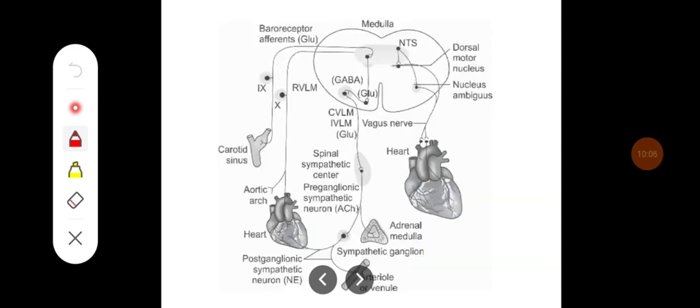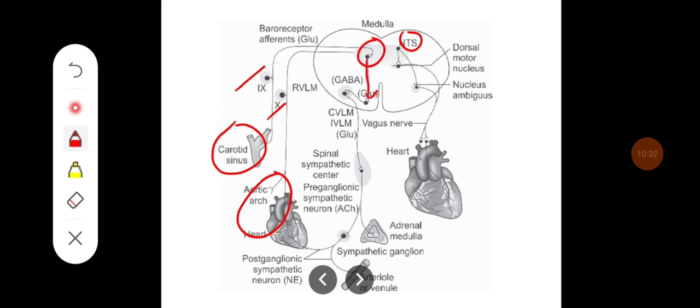So this diagram shows the baroreceptor or sinoaortic reflex, or Marey's reflex. Whenever blood pressure increases, the baroreceptors in the carotid sinus and the aortic arch send signals to the nucleus tractus solitarius by the 9th and 10th nerves. When the NTS is stimulated, it stimulates the depressor area.